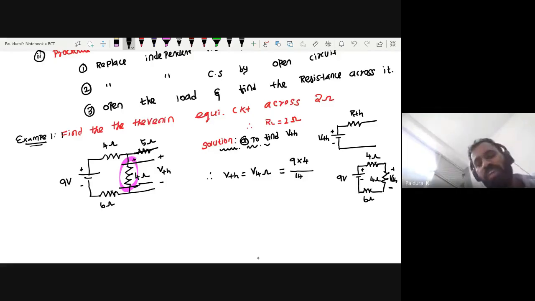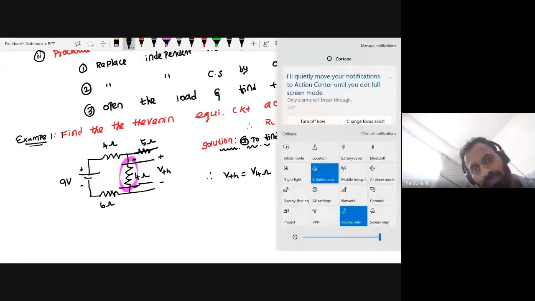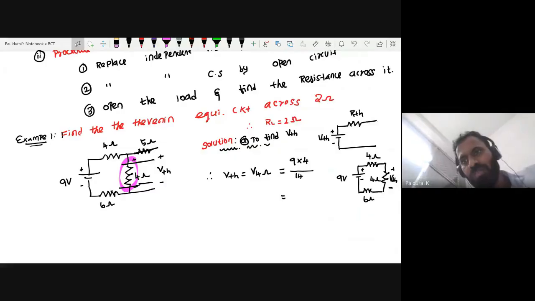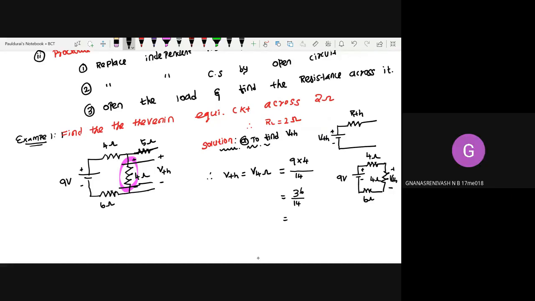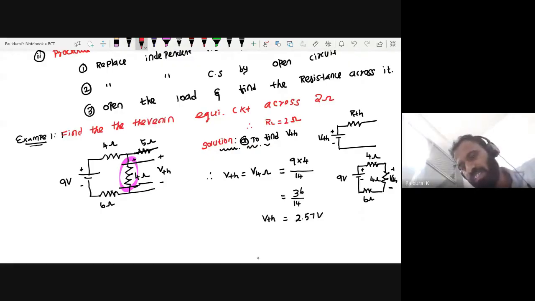Can you understand how I am finding VTH? It's very important. So what is this value? 9 times 4, so 36 divided by 14. How much? 2.57. So this is the way to calculate VTH.